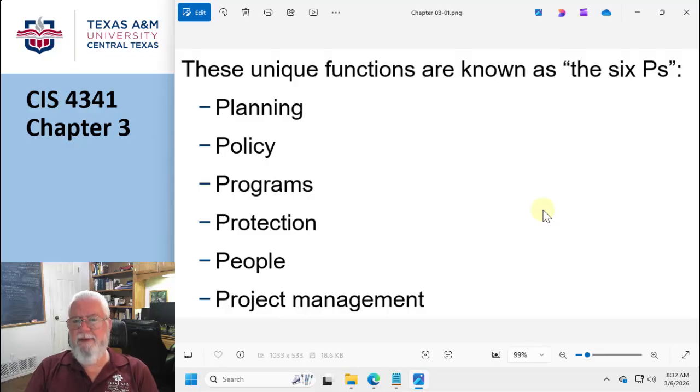The policy, there's basically 3 different types of policies that you would run across. Enterprise policy is rather generic and it's set for the whole organization. It talks about how we think security is important and we need to have strong passwords, just those broad brush kind of things. And don't do bad things on the internet.